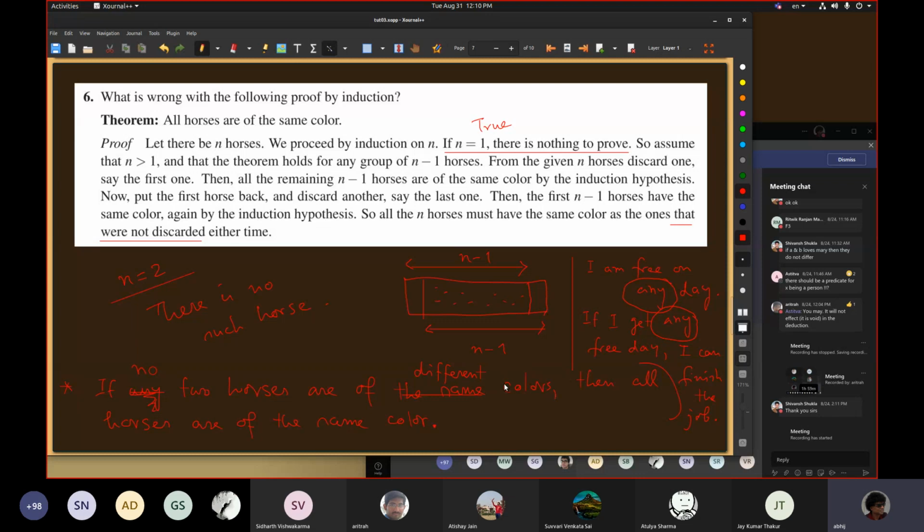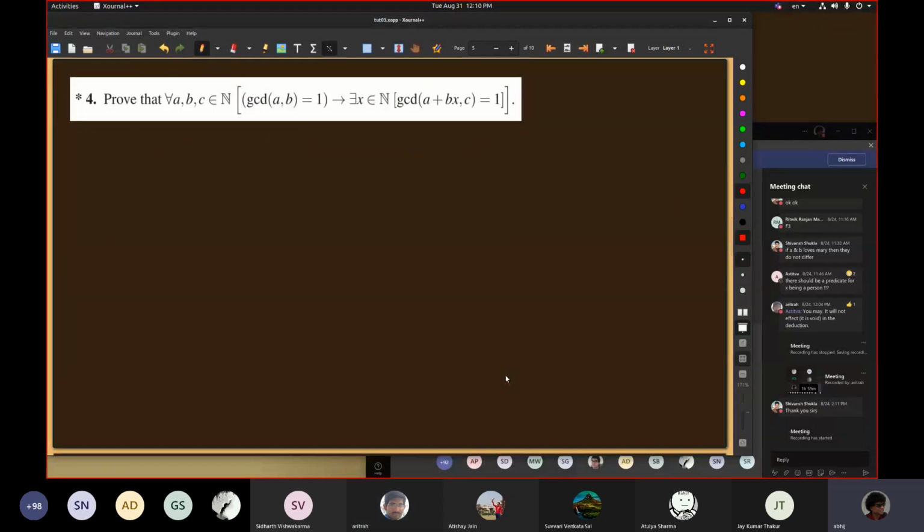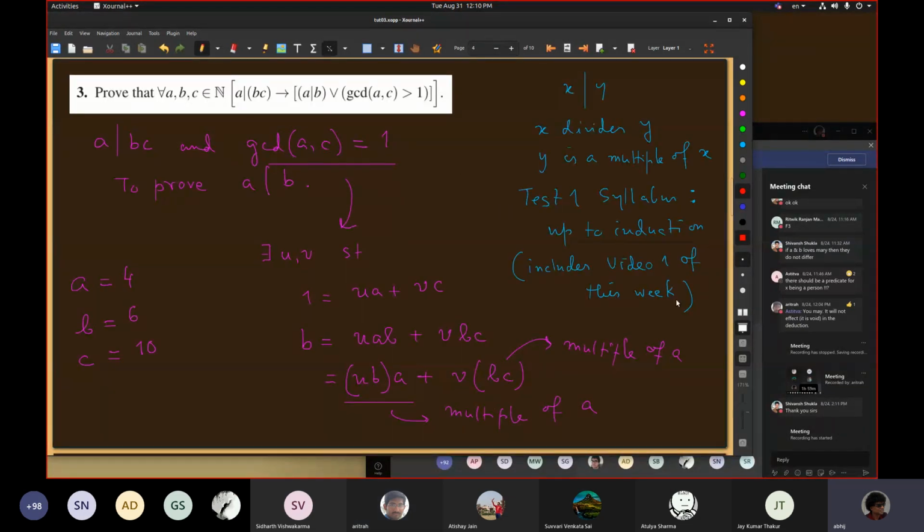The relevant thing that completes this induction part is only video 1 of this week. So videos 2 and 3, this material will not be covered. I mentioned it somewhere, right? It includes video 1 of this week. All parts of induction, but not applications like invariance or recursive constructions.